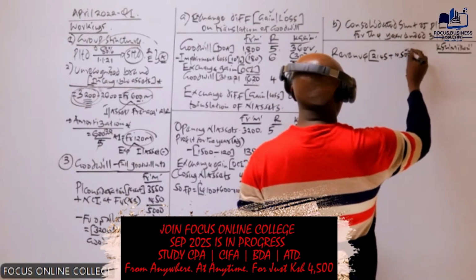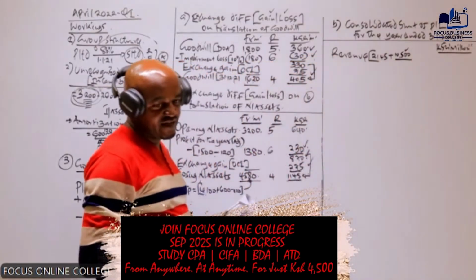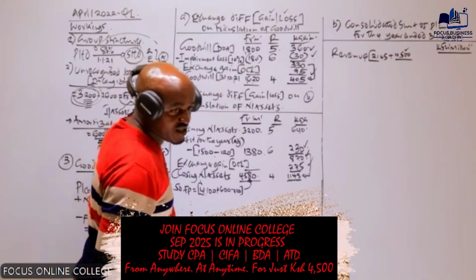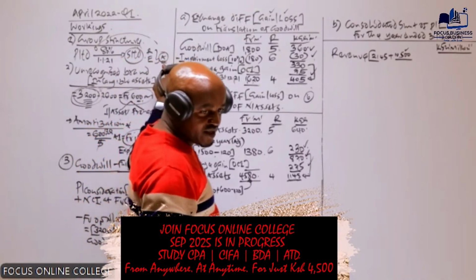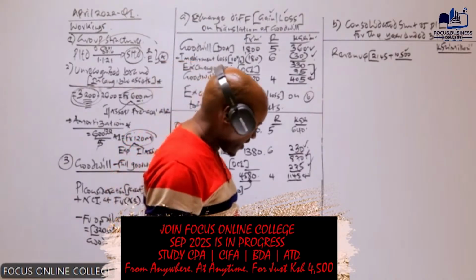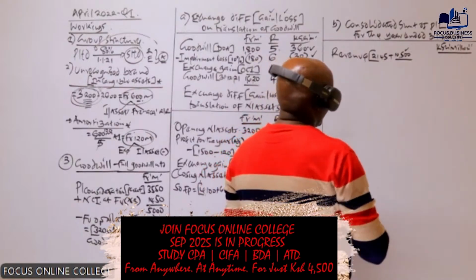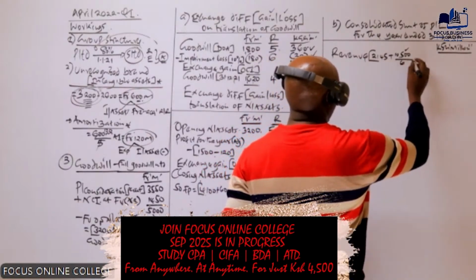But because this one is in francs, we need to translate that into Kenyan shillings by dividing that with the average exchange rate. So the average exchange rate, as per the information we have in note number 5, is 6.